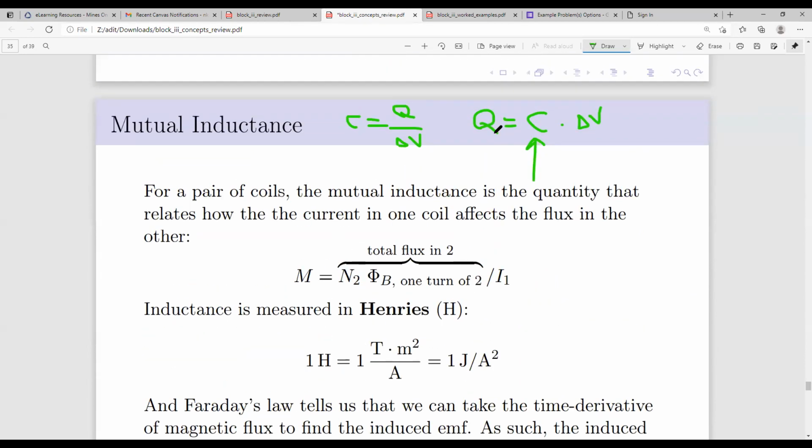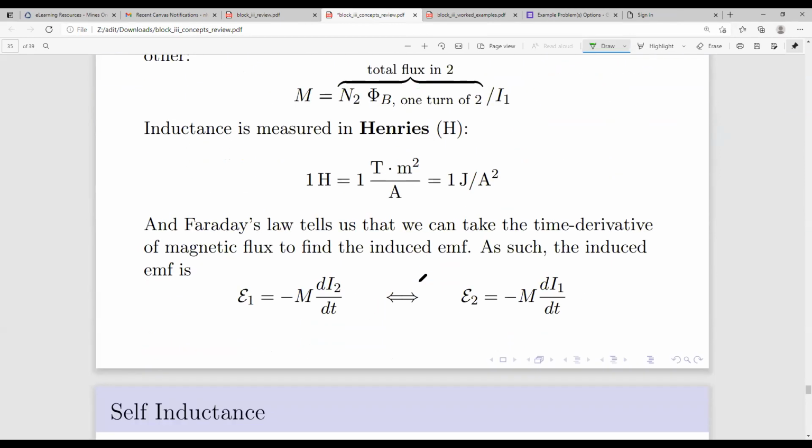By analogy to capacitance, which is a fixed quantity that depends only on the geometry of the capacitor, mutual inductance just depends on the geometry and orientation of your two coils. Regardless, it gives you a relationship for finding the induced voltages in your coil.